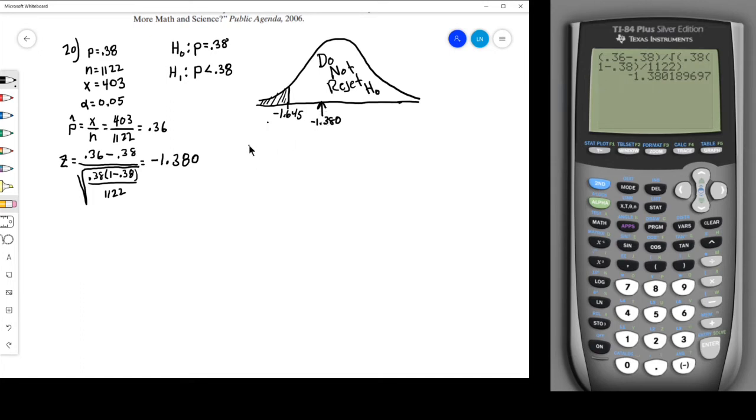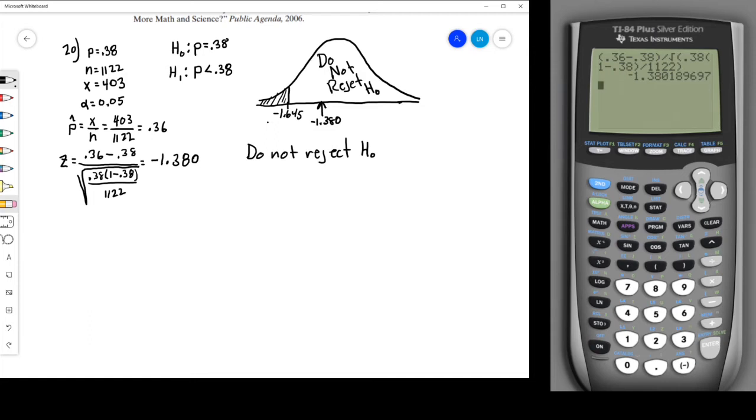So I can make the conclusion this way, that I do not reject H0. So what does that mean? Well, let's think about what I said before about our test value being enough standard deviations from the mean to call it unusual.